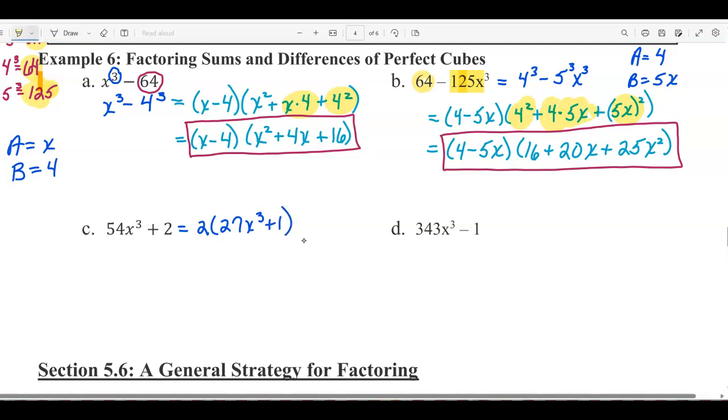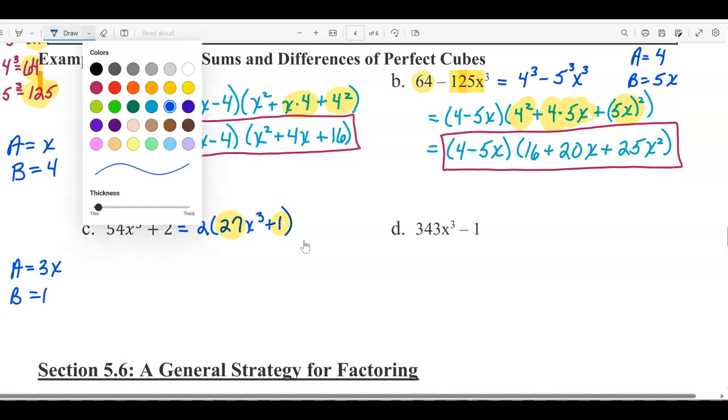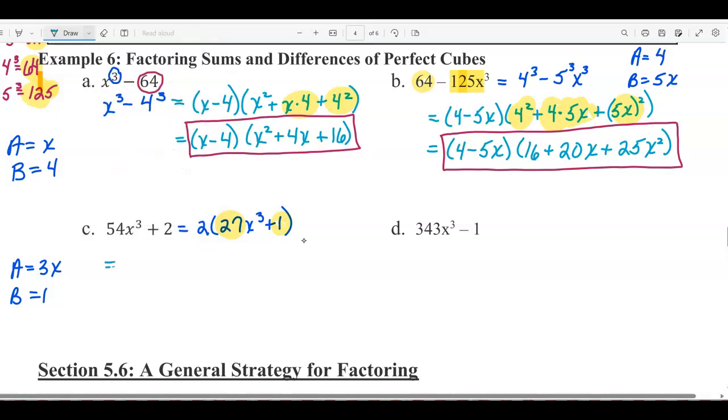And now we see that we do obtain 27, which is a perfect cube, and 1 is a perfect cube. Okay, so I'm going to rewrite it in my first position. My a is 3x because 3 cubed is 27, and b is 1 because it's 1 cubed. I'm now going to apply the formula, and I'm going to keep that 2 out front.